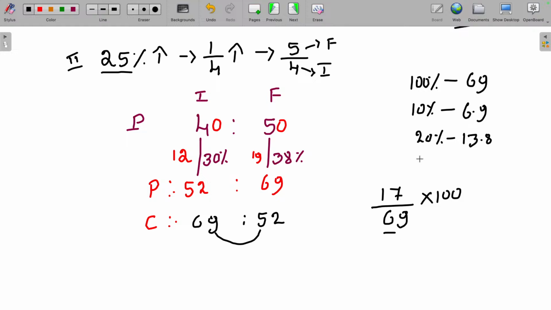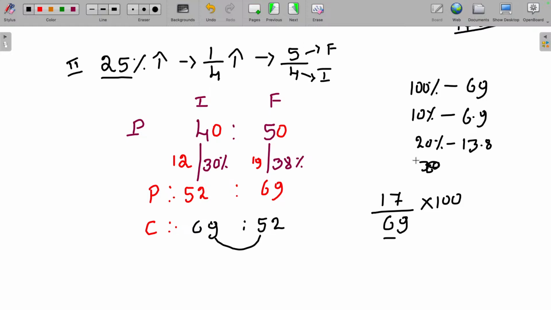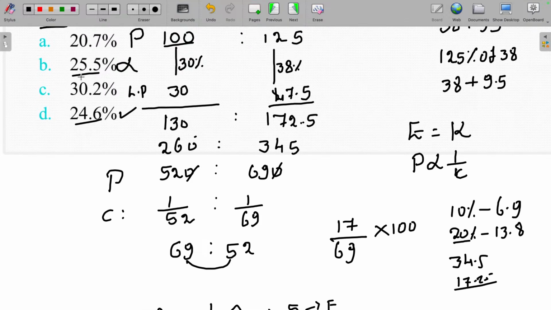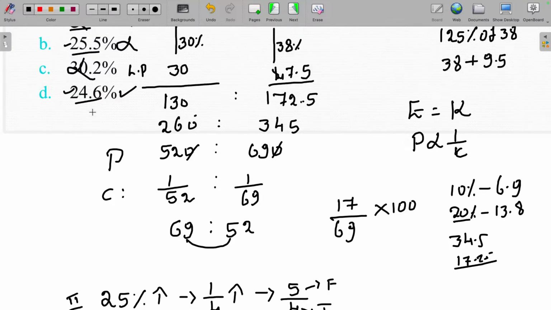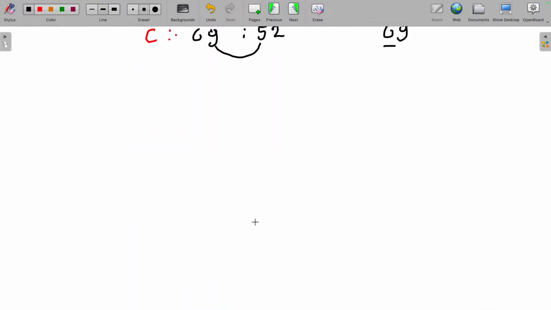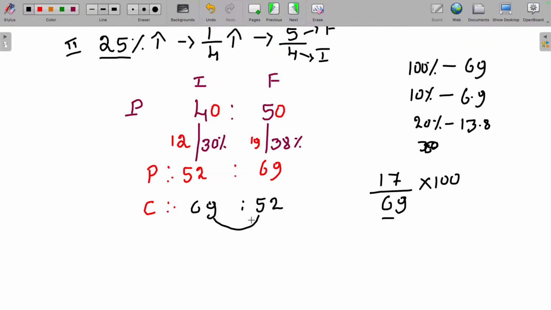I want 17, so the answer will be above 20. Above 20, I have either this or this; the other options are very different. Either 24 or 25. Is it clear?